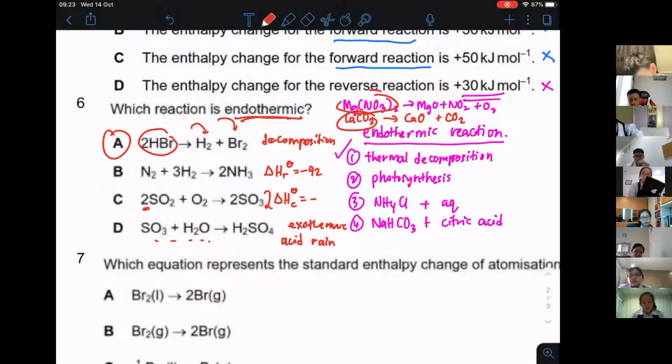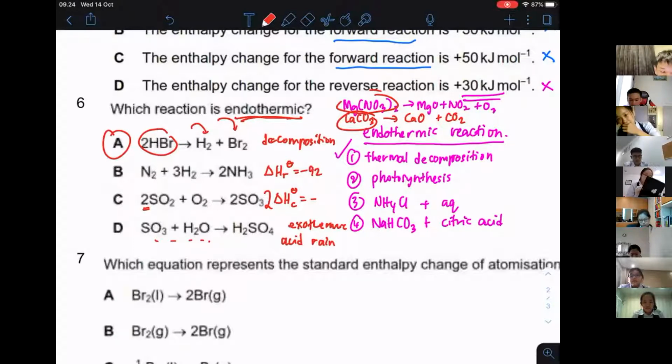When you look at the concept of bond breaking and bond formation, you need to know the energy that is required to break and the energy that is required to form. Without that data, you cannot conclude that this is going to be exothermic or endothermic. You can use that concept to prove whether it is exothermic or endothermic, but that we will learn in a later part.